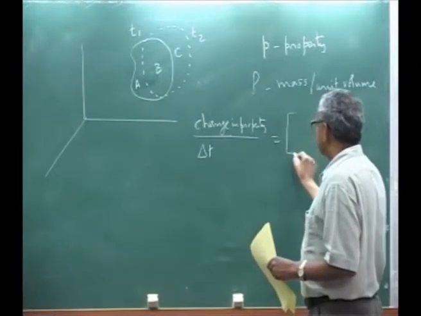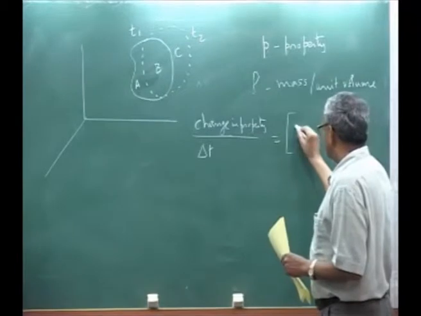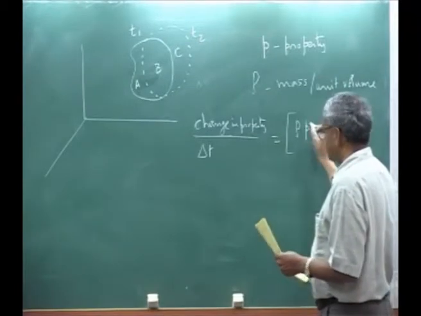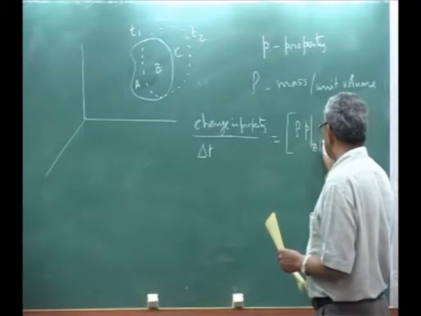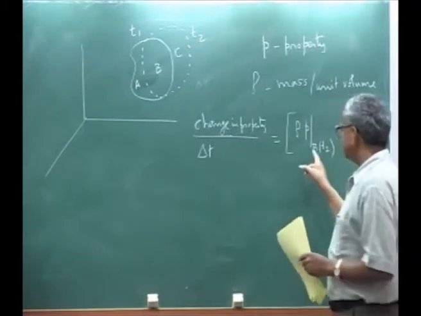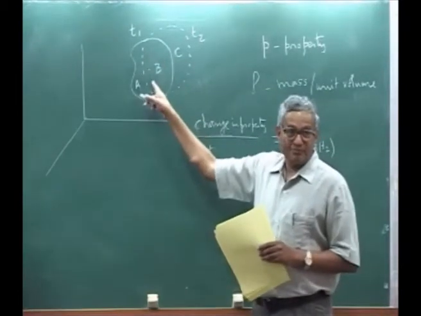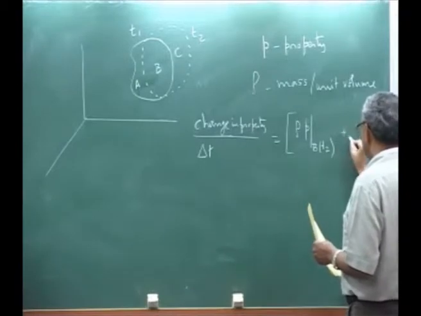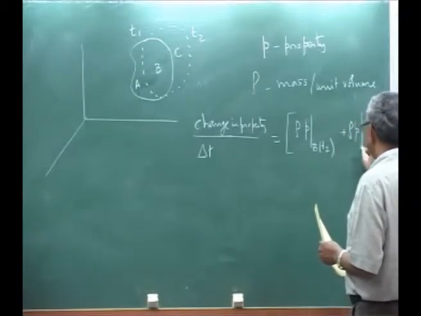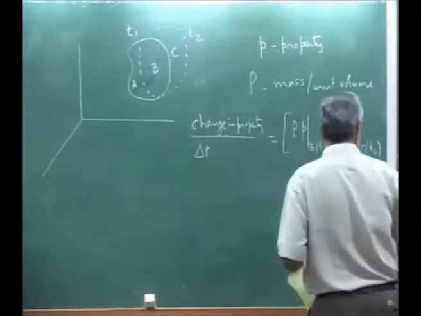What is the initial and final property? Rho P at B in time t2, because B is the common volume, plus rho P at C at t2. Okay.